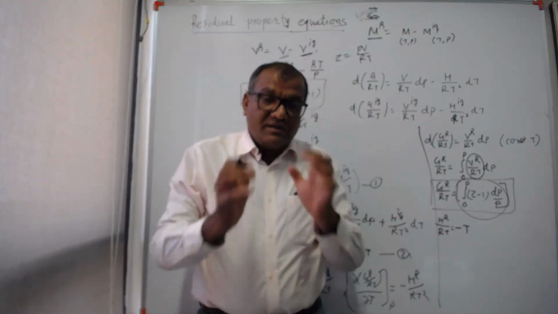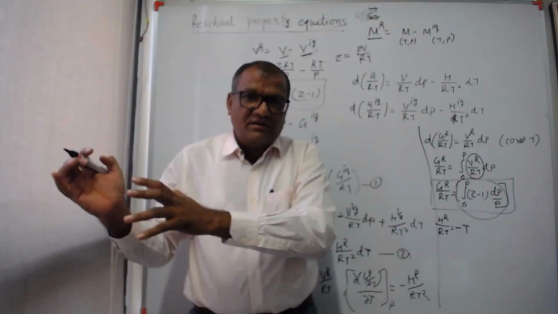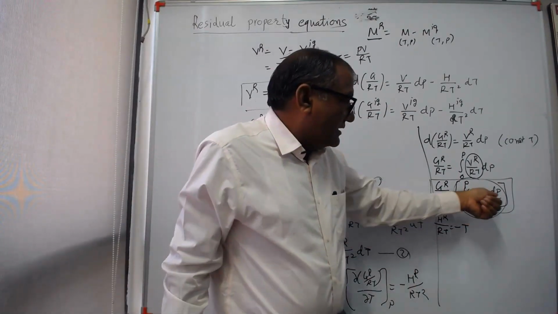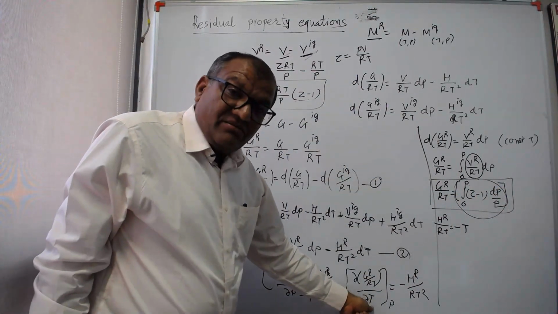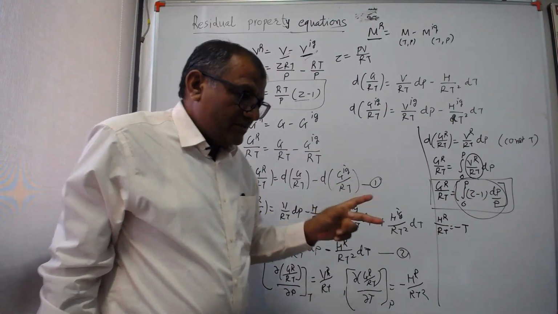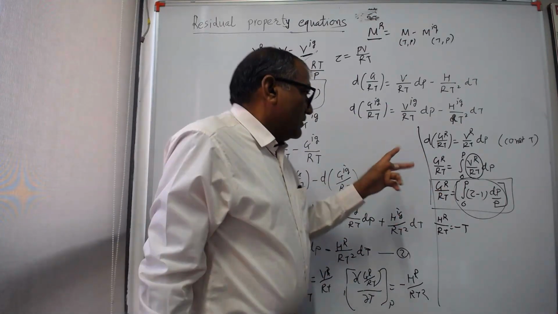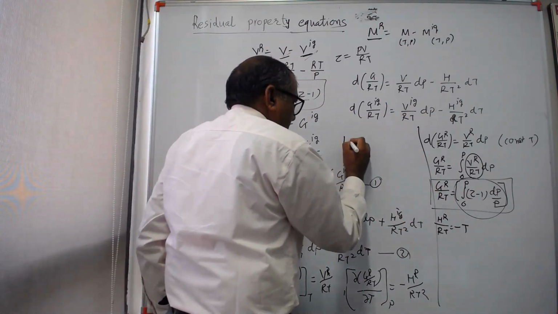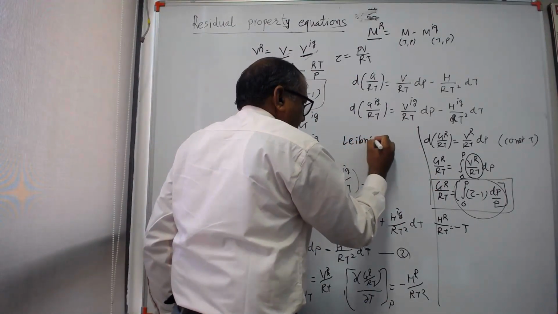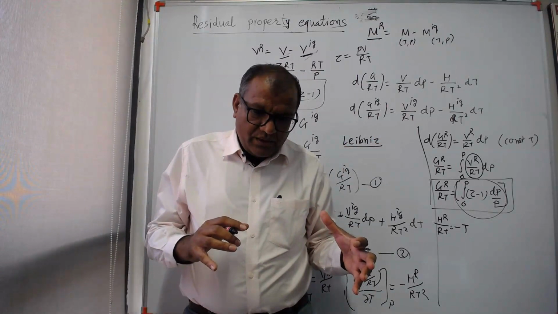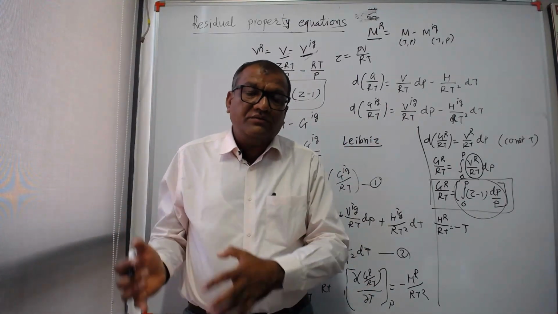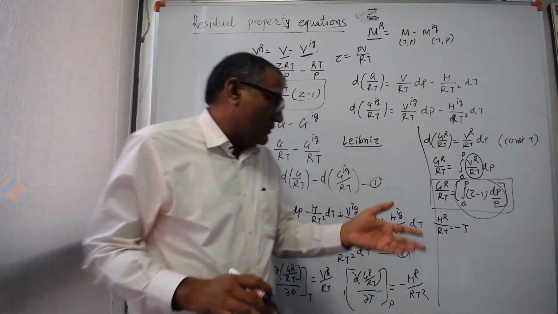So it is the differentiation of an integration with a different variable. Here the integration variable is P, but the derivative variable is T. To solve this, there is a mathematical concept, the Leibniz rule, with which you can calculate the differentiation of an integration or the integration of a differentiation.